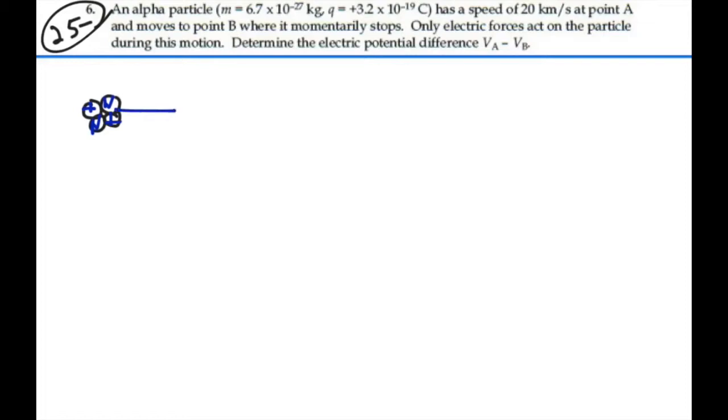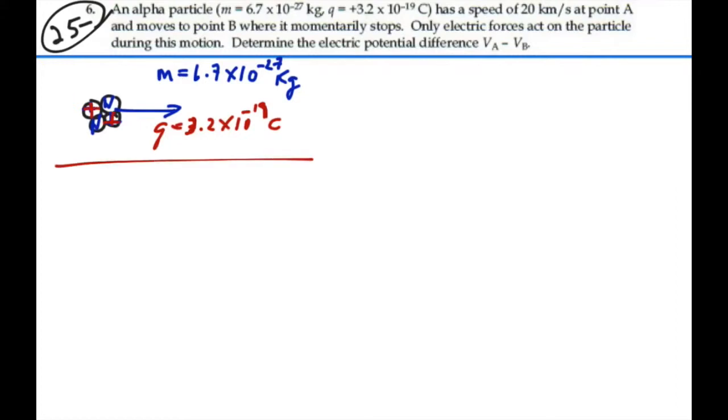Total mass of 6.7 times 10 to the minus 27 kilograms, like I said, basically 4 times the mass of a proton, and a Q equal to 3.2 times 10 to the minus 19 coulombs, basically twice the charge of a proton. So it's got 2 protons in there.